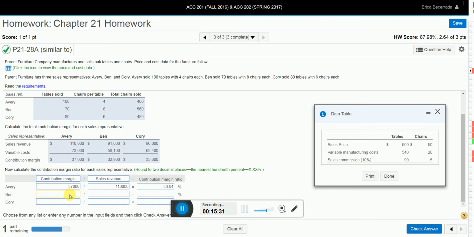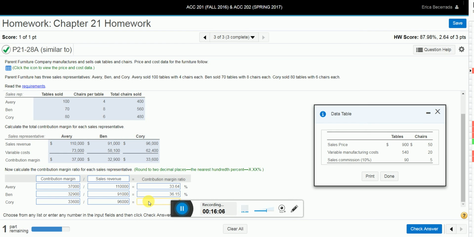For Ben, contribution margin is 32,900. Sales revenue is 91,000. We get 36.15 as the ratio. Now for Corey, contribution margin is 33,600. Sales revenue is 96,000.